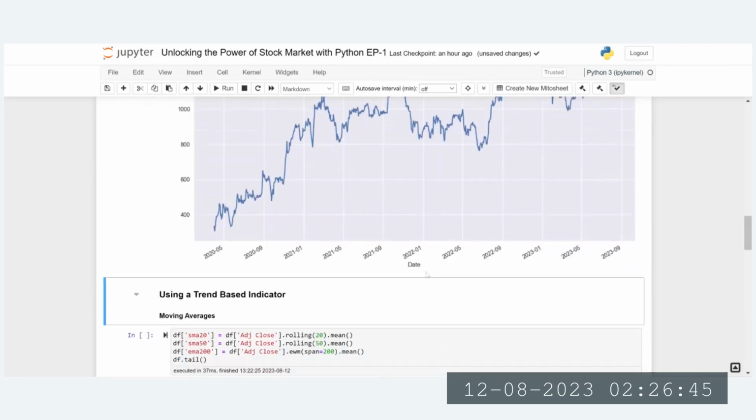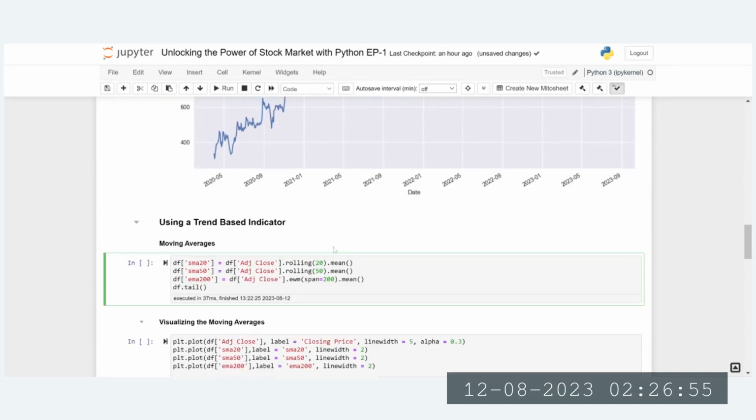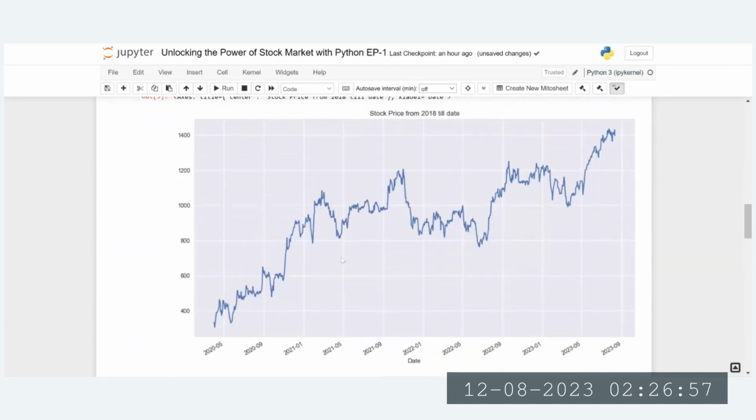So if I want to use a technical indicator, let's suppose I want to start with a trend based indicator, to understand the trend in the market. Well, those who know about time series can understand and say, okay, it looks like an upward trend, because from where the series started and where it is ending, we see there is an increase in price.